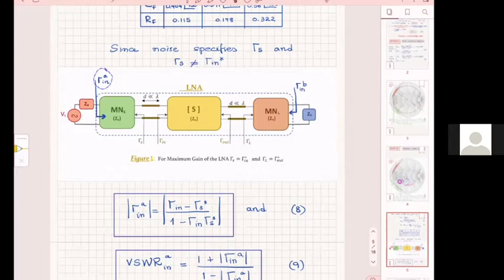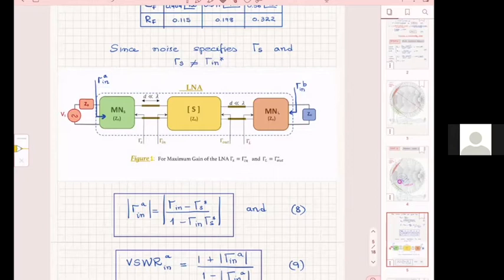Why is that? Because it was important for us to develop the matching networks so that we have stability in the LNA, and so that the LNA operates. To get stability in the LNA and to have the right parameters in terms of gain and so forth, these gamma in A and gamma in B are not that important.